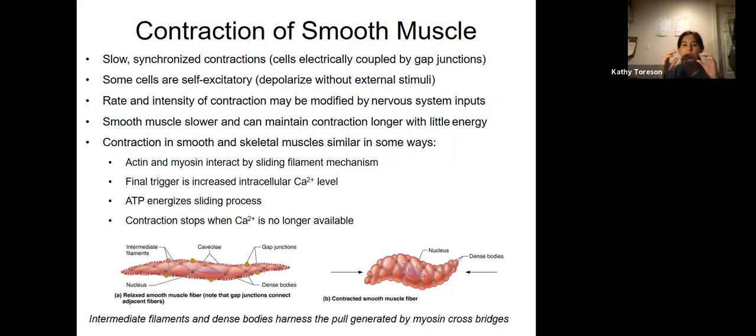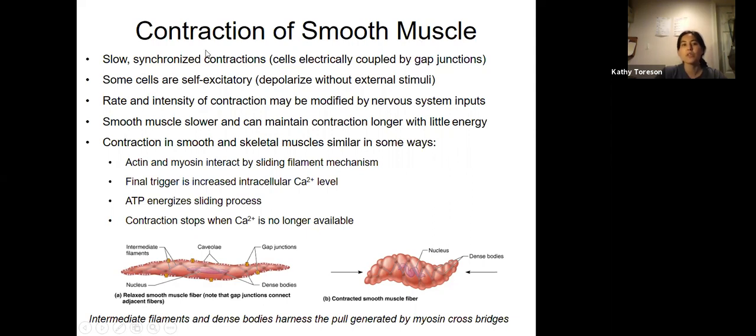This is important because if the inside of cell A and the inside of cell B are connected by this gap junction, that allows for coordination of those cell activities. So the coordination is coming because these cells are actually connected with gap junctions.